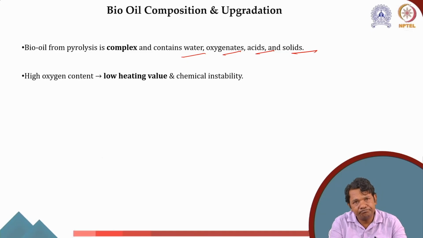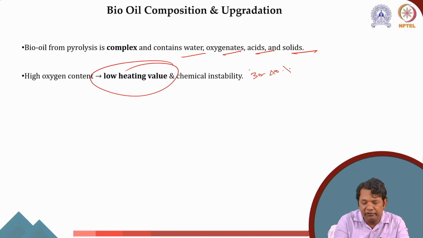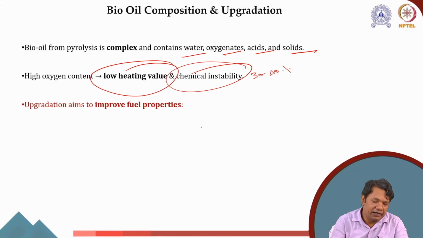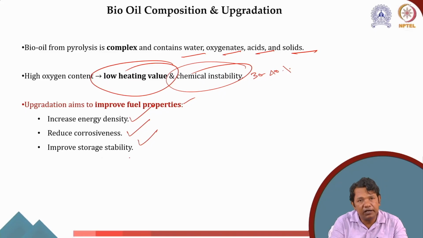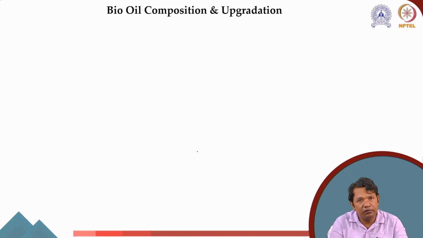Now this has in fact very high oxygen content, as I showed you, 30 to 40% oxygen content, and because of that the heating value is very low and there is chemical instability, and then upgradation is needed to improve the fuel properties, particularly to increase the energy density, reduce the corrosiveness, improve the storage stability, make it compatible with the conventional fuel, etc.